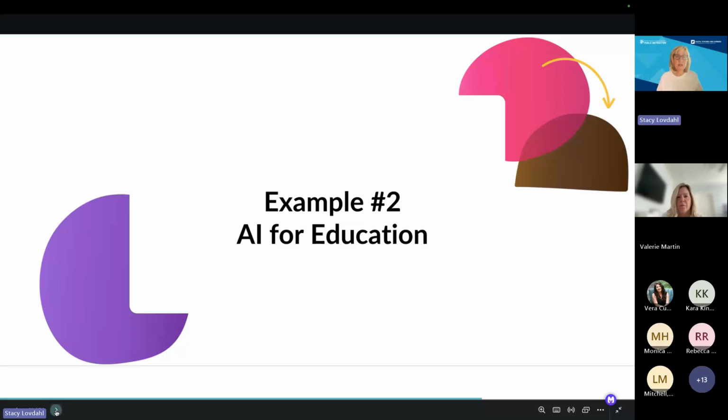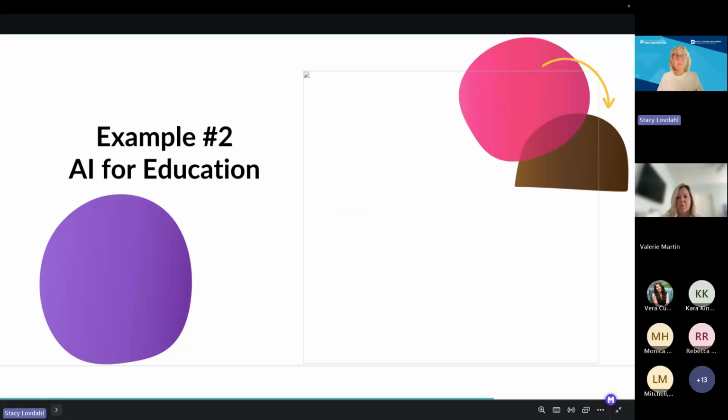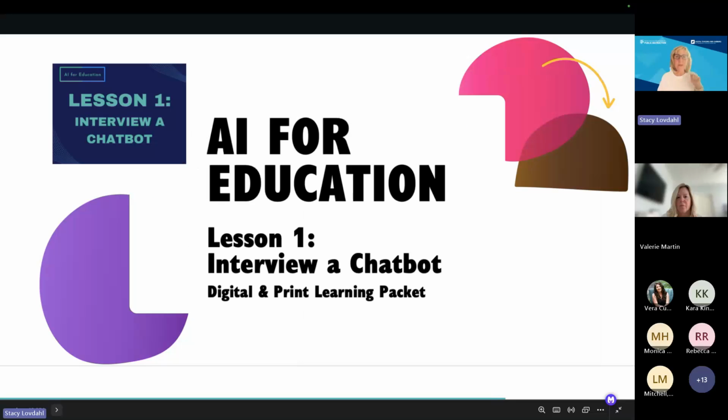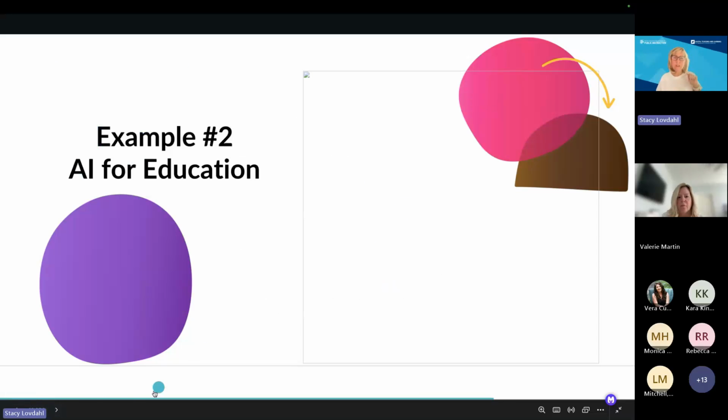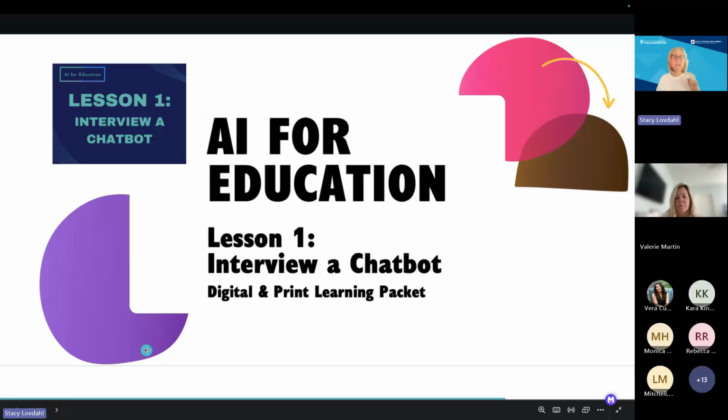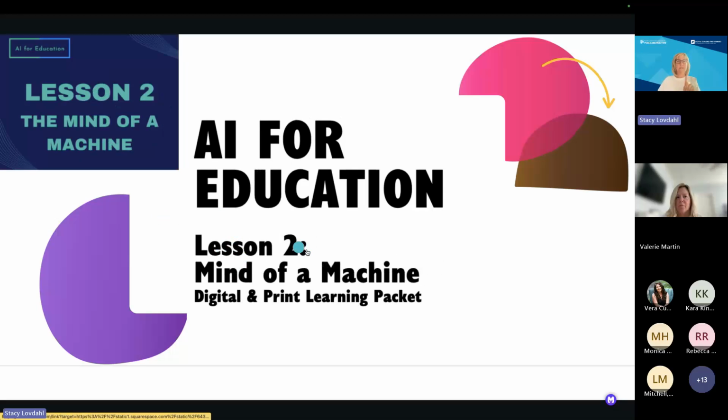So the next one that I want to tell you about really quickly is a unit from AI for Education. And this one is a screenshot of it, but I'm going to go directly to the site that shows you all four modules. They have four lessons, and it goes from lesson one, where you interview a chatbot. And if you click on, supposedly this is linked. That first one was supposed to be linked, but it was not, obviously.